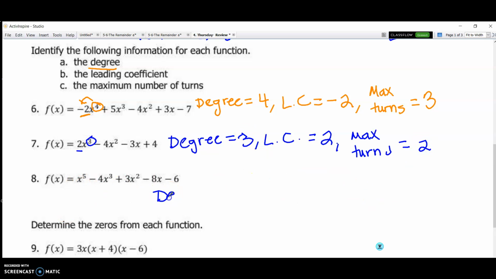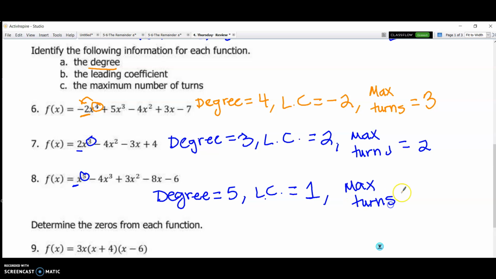Here, degree is 5. Leading coefficient. There's an invisible one there. And then max terms, degree minus 1 is 4.